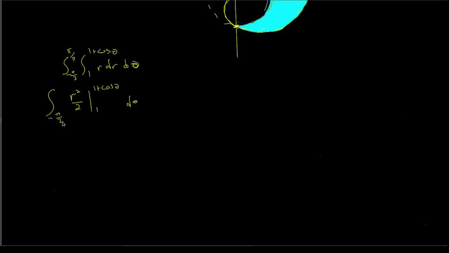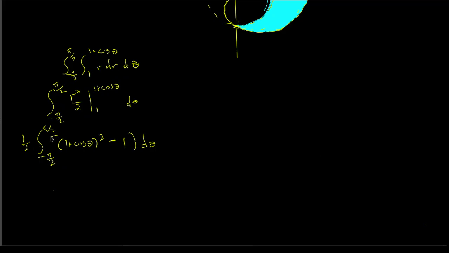And we'll have to do that integral in terms of theta. So let's do our substitution in. I'm going to bring the 1/2 outside for right now. And so we're going to get 1 plus cosine theta squared minus 1 d theta.